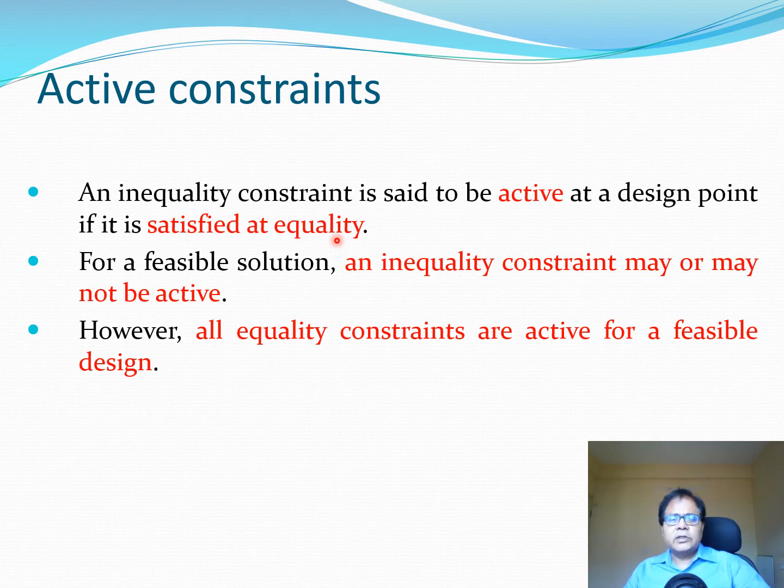In that case, the constraint has become an active constraint. Now, for a feasible solution, such a constraint may or may not be active, which essentially means that g may be less than 0 or g may be 0. But if you look at the h constraints, these must all be satisfied for a feasible design, because by definition h must be 0.